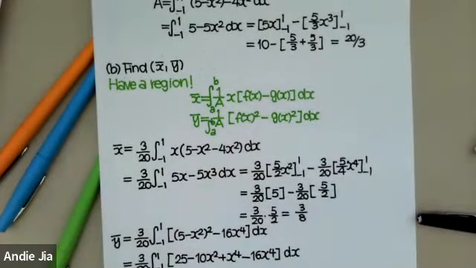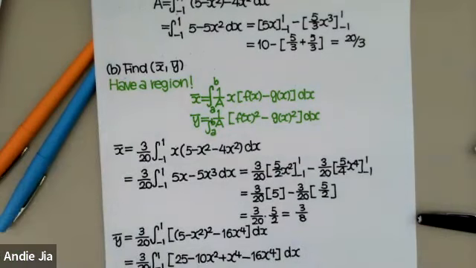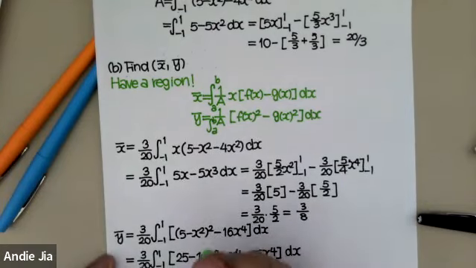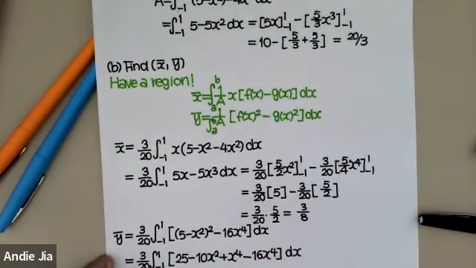This is out of the bound, but they do need to find it if there are errors. Yeah, I think that's basically just the setup of the integral.